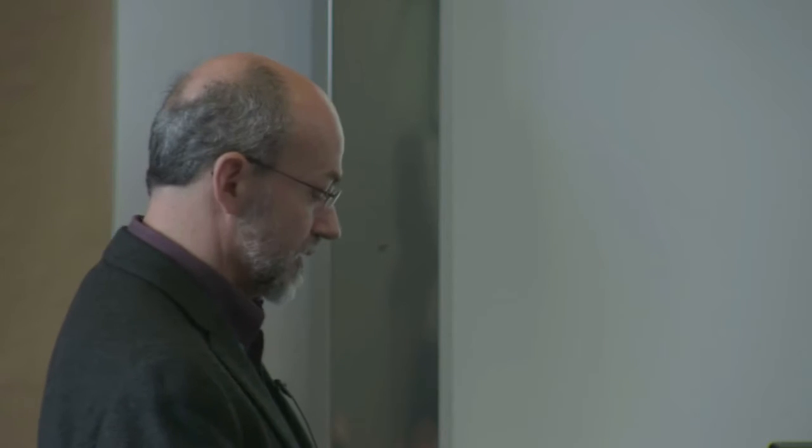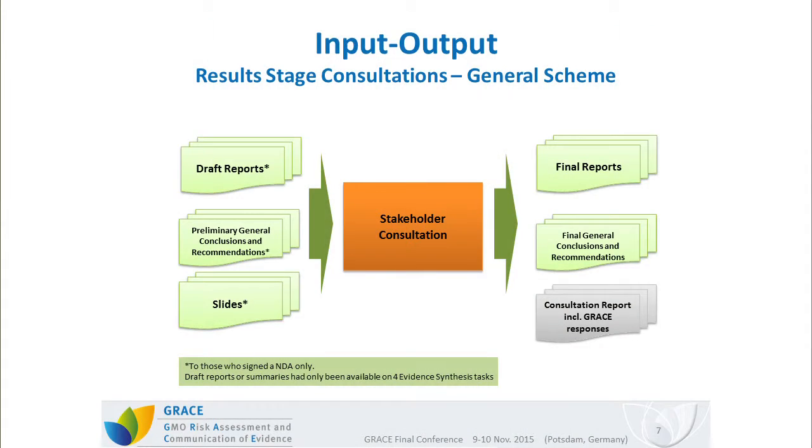Everything is documented in great detail in the consultation reports, and a similar schematic applies to the result stage, where we made available draft reports and draft preliminary general conclusions, recommendations, and eventually we revised them into final reports and final general conclusions and recommendations.